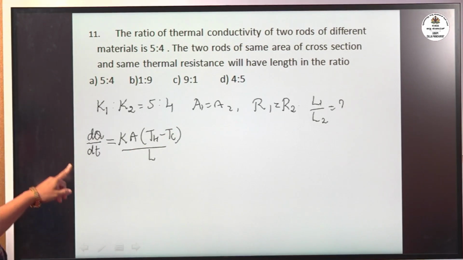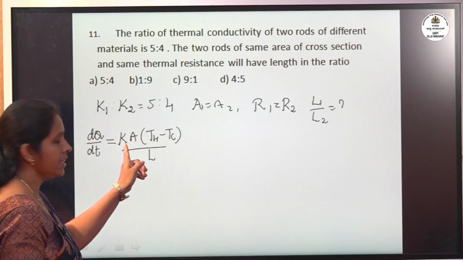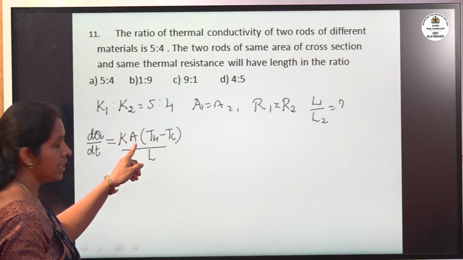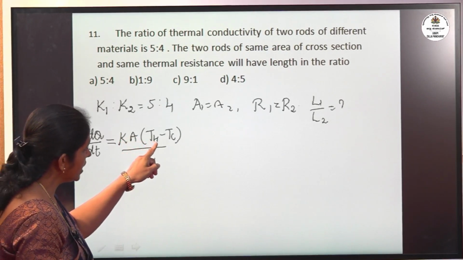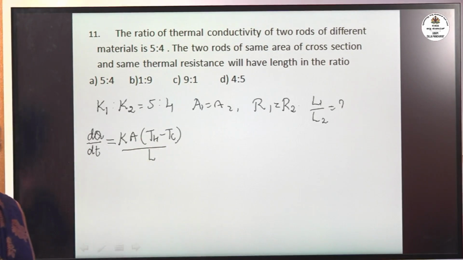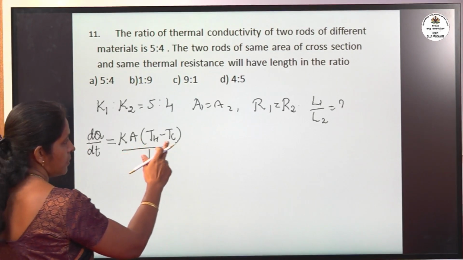Rate of flow of heat in conduction is equal to KA, where K is a coefficient of thermal conductivity, A area of cross section, Th temperature of hot end, Tc temperature of cold end, and L is separation between hot end and cold end. KA into Th minus Tc by L.